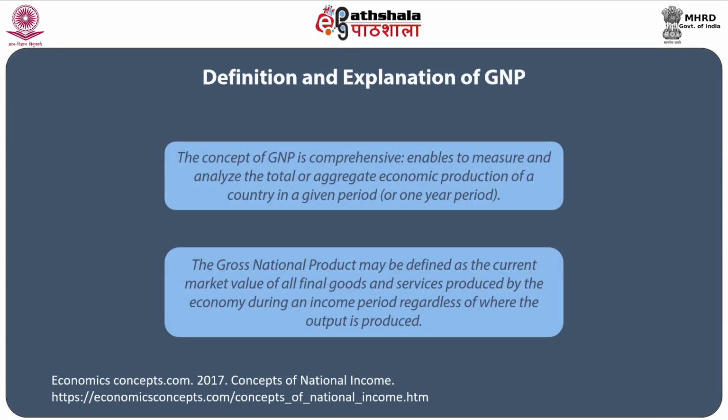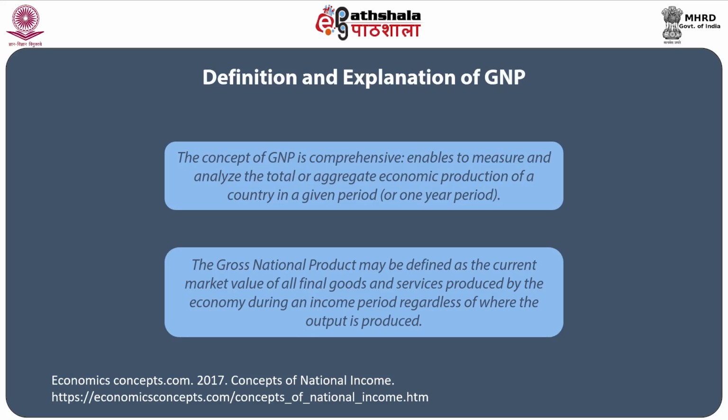Let us discuss the definition and explanation of gross national product. The concept of GNP is very comprehensive. It enables us to measure and analyze the total or aggregate economic production of a country in a given period or 1 year period.